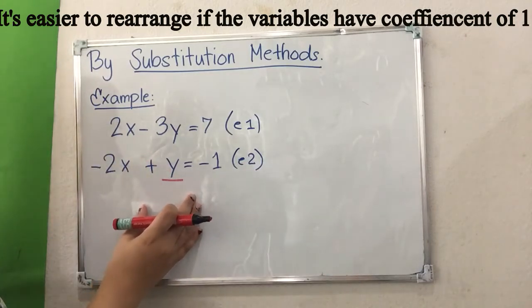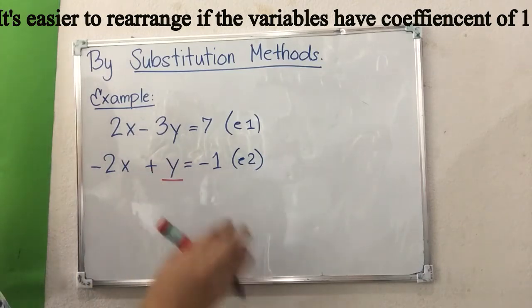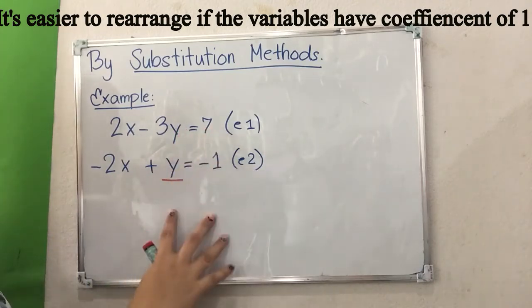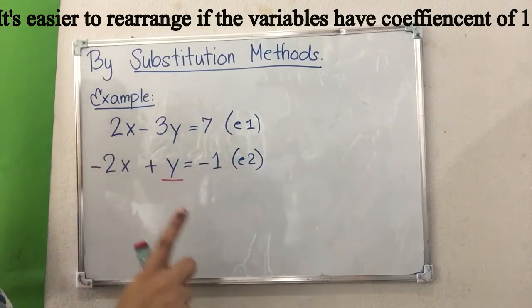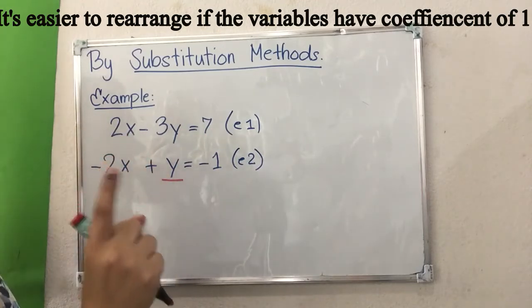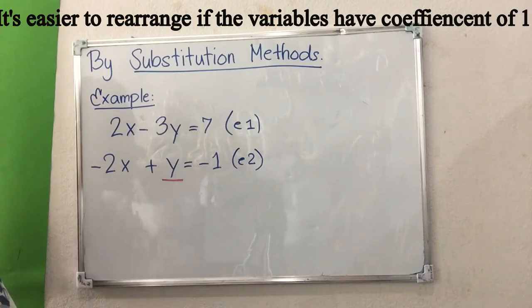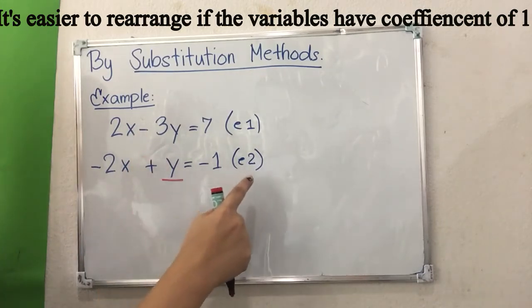It's very easy. So when you see a given like this, you have to change first the variable that has a coefficient of 1. So we will choose equation 2.